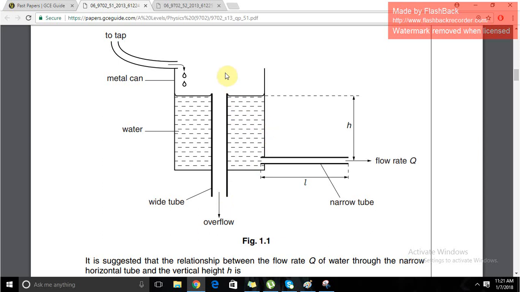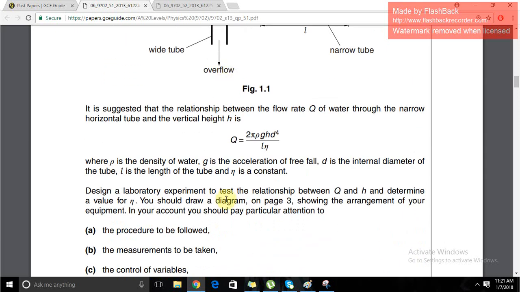So if we move this upwards, the water level will subsequently rise and h would therefore be altered, and hence the dependent variable would be the flow rate Q. And what is something you need to really keep constant?